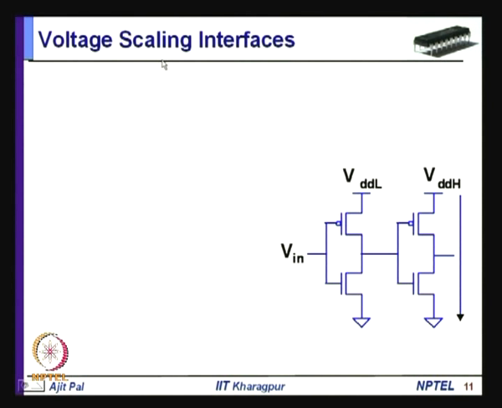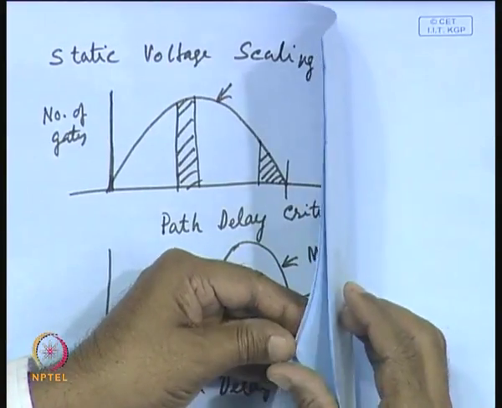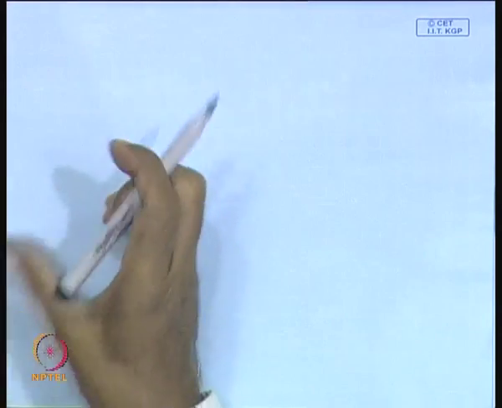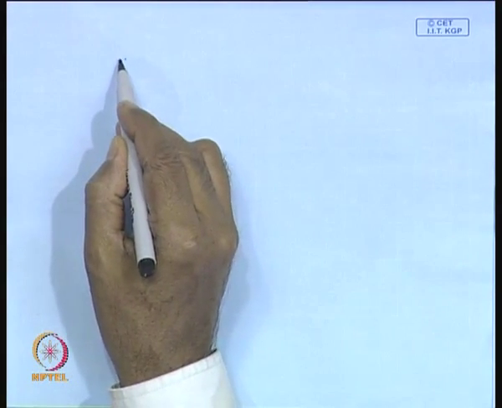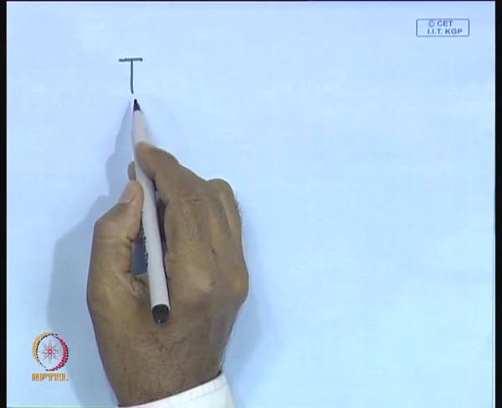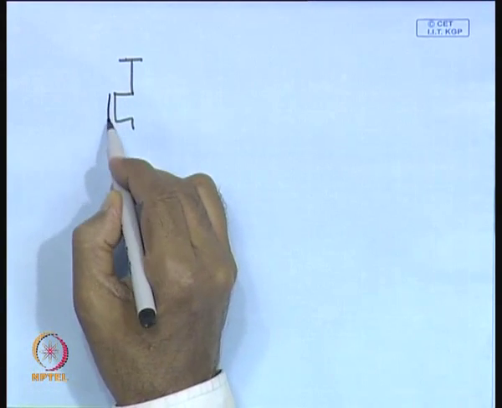the voltage scaling interfaces. In this particular case, we have shown an inverter which is in the lower voltage domain with supply voltage VDDL, and the signal is going from VDDL to VDDH. What kind of problem will you face in such a situation? It need not be an inverter here; for the sake of simplicity an inverter is shown.